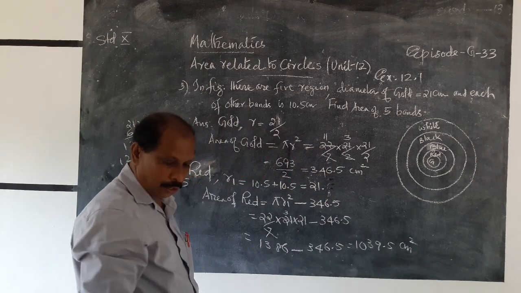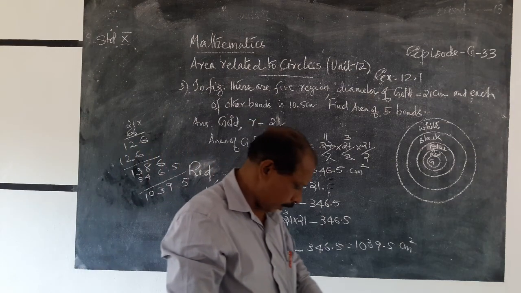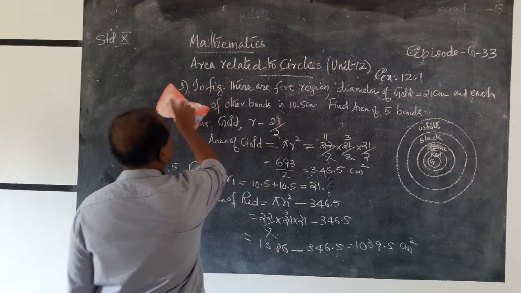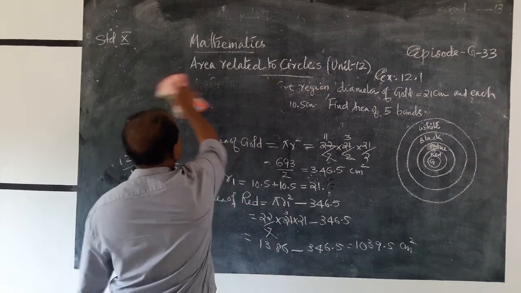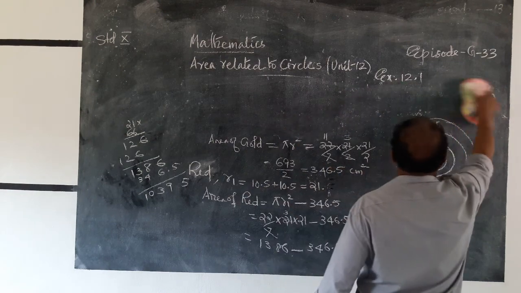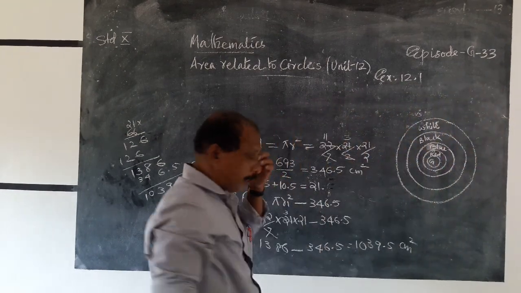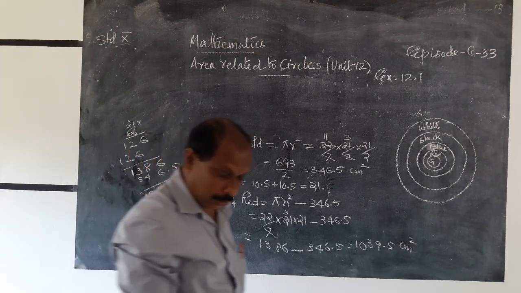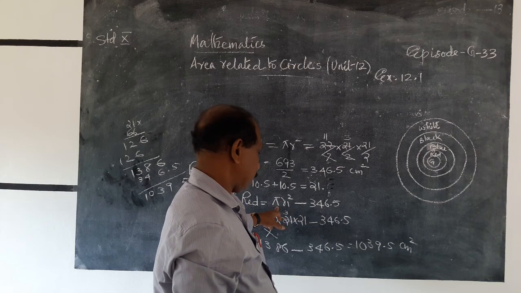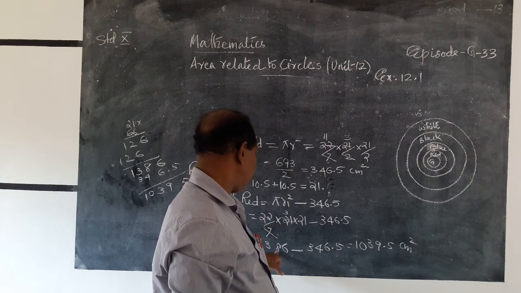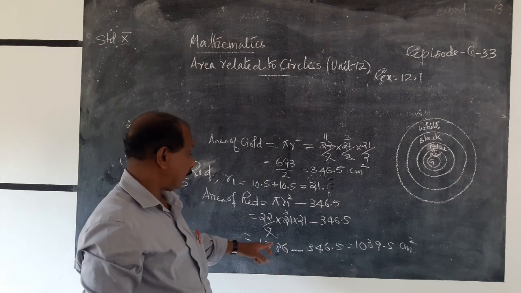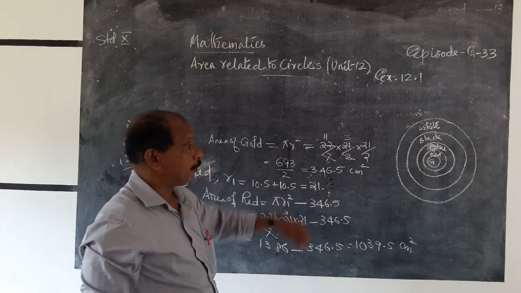This is the area of the red region. Clear? Then to find out the area of the blue part, this is the area of red. Therefore, this one is 1386. Therefore, we subtract the area of red from the blue part.